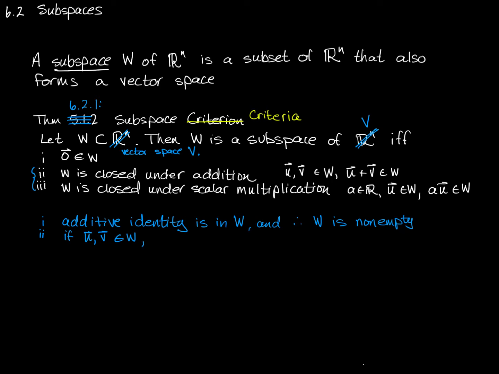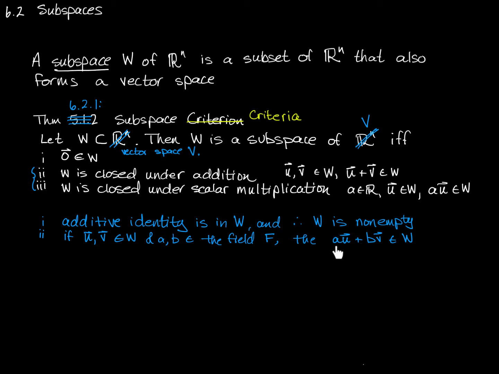And then I also need A and B are in F, the field F. Let me write field. Field F. Put an ampersand in here as well because I need both. Then AU plus BV is in W. And what this means is that I've scaled and added.